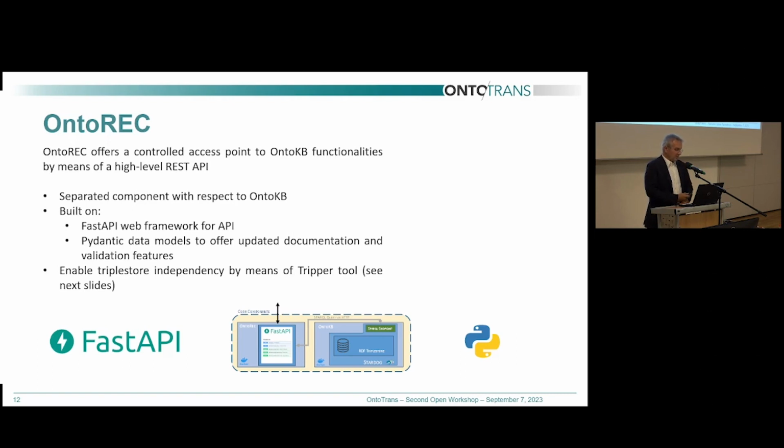Internally, it is based on two main frameworks and libraries, which are the FastAPI web framework and Pydantic for the support of the data models, to ease the generation of the data structures and their partial verification and automatic generation.